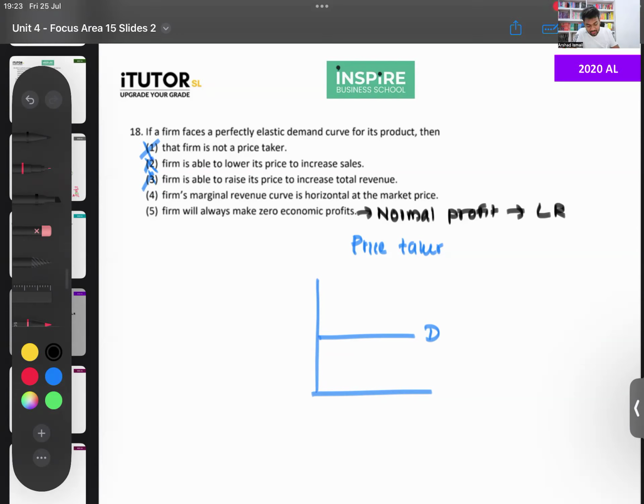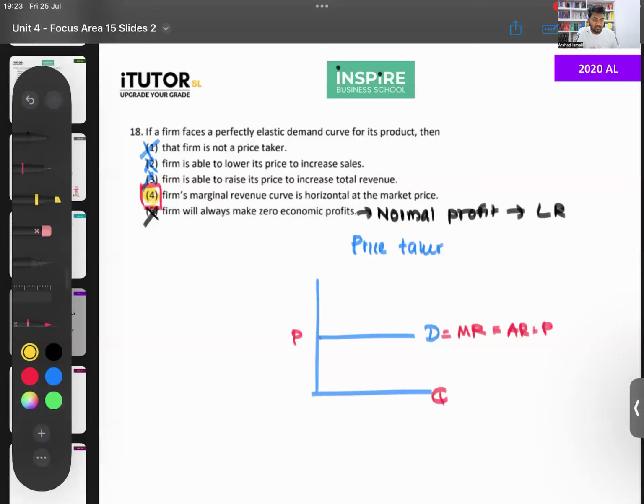So that is also gone. Then you have the answer left: the firm's marginal revenue is horizontal at the market price. Correct. You have the marginal revenue, which is the average revenue, which is the price. It is horizontal at the market price. So the answer is number 4. Yes, zero economic profits is equal to normal profits. Okay.